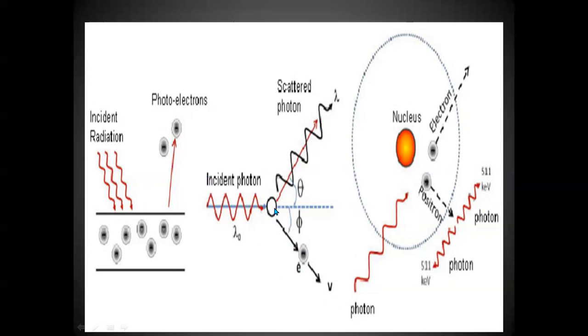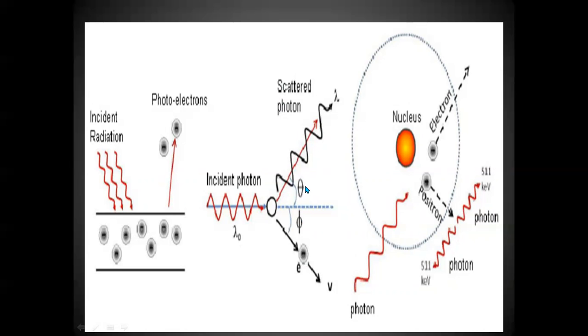They will move in two different directions, making two angles with the normal or this line. This is theta, this is phi. The electron is making angle phi, and the ejected photon or scattered photon is making angle theta. The ejected electron angle is phi and the scattered photon angle is theta.